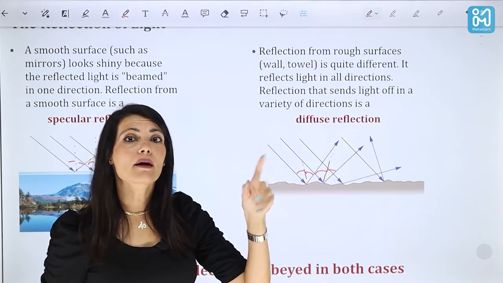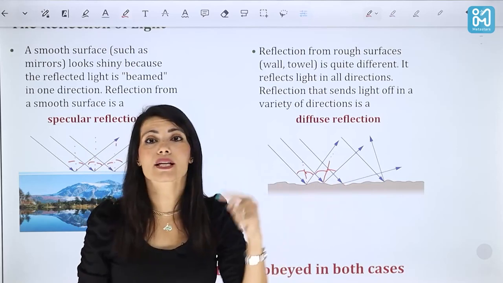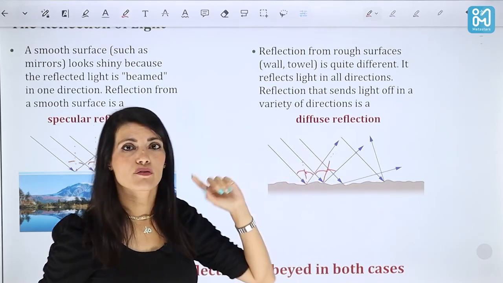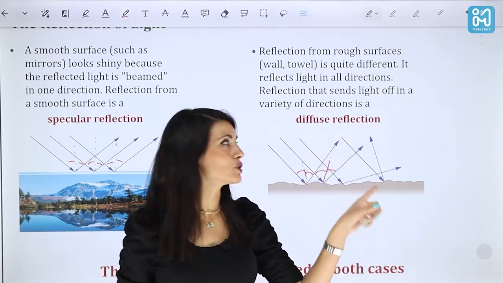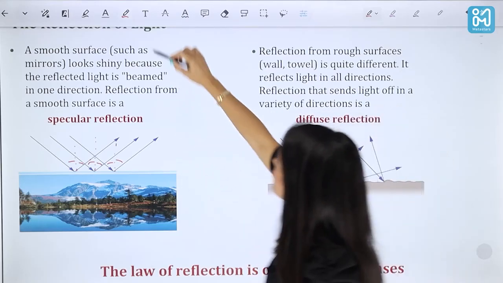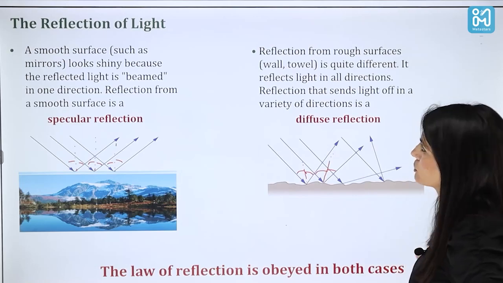Each one of them follows the law of reflection. However, we cannot see a clear image, or we don't see an image at all. And this is called diffuse reflection. This is specular reflection. We see an image, we don't see an image. This is the difference between specular and diffuse reflection.